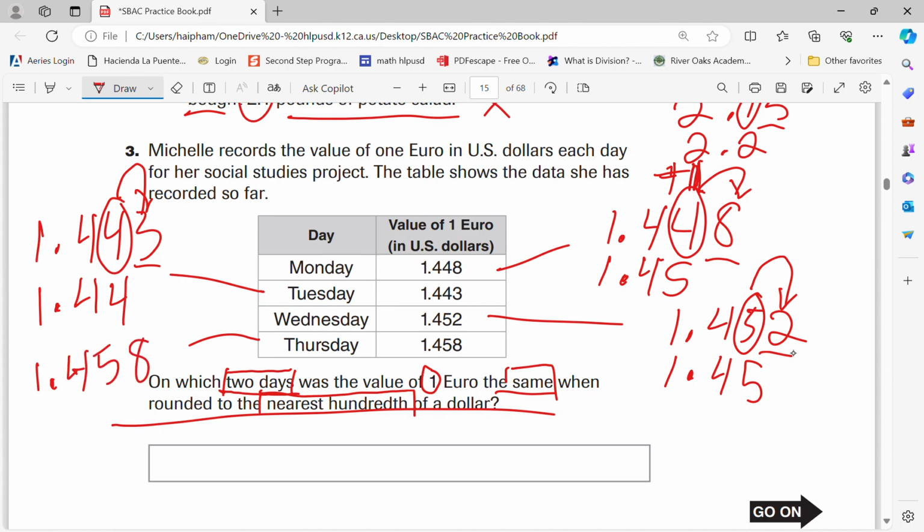Circle your hundredths place. Look at the neighbor. 5 or more. Add 1 more to the rounded number. I'm adding 1 to my 5, which is going to give me 1.46. Now, which 2 days do we have that after rounding they are the same? That would be our Monday and our Wednesday. So the answer here would be Monday and Wednesday.